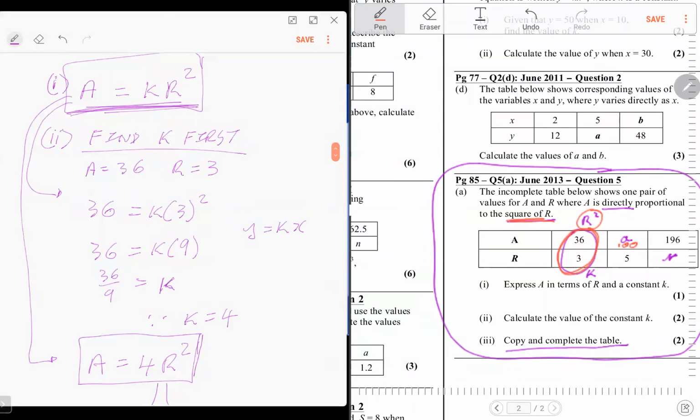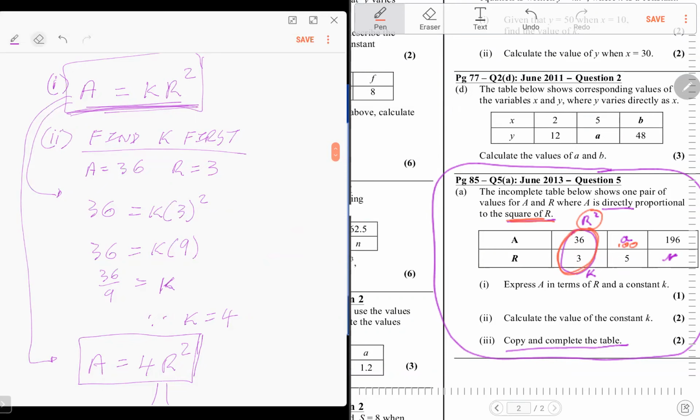If the question says p is directly proportional to q, you write p equals k times q. If the question says m is directly proportional to n, you write m equals k times n. Once it says directly, the first thing equals k times the second thing. It's as simple as that.